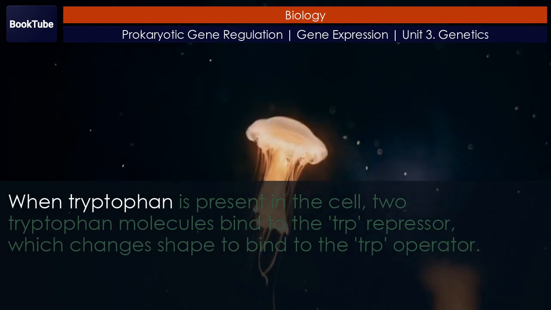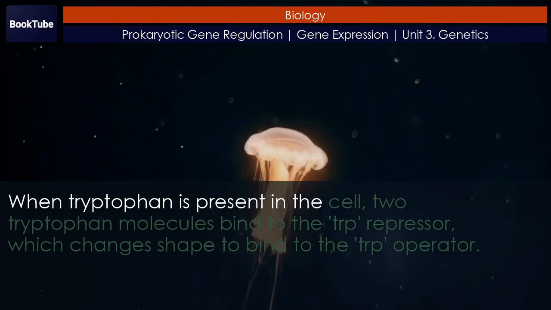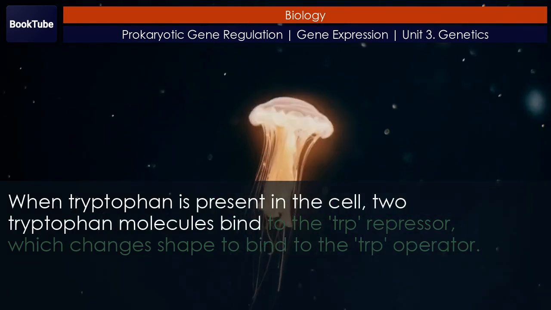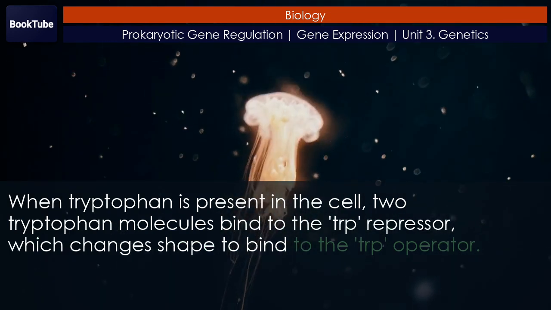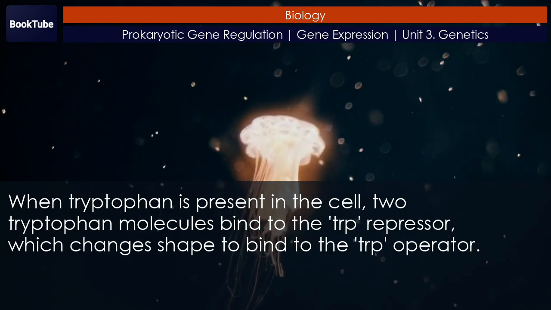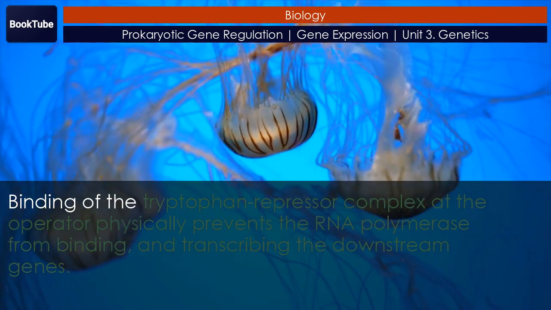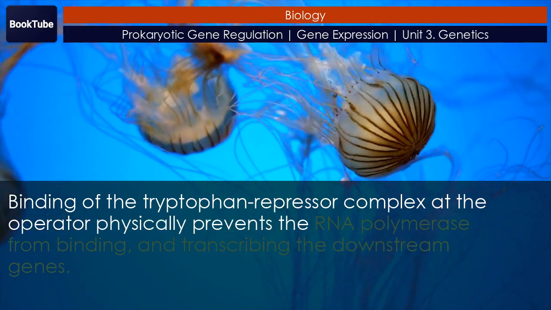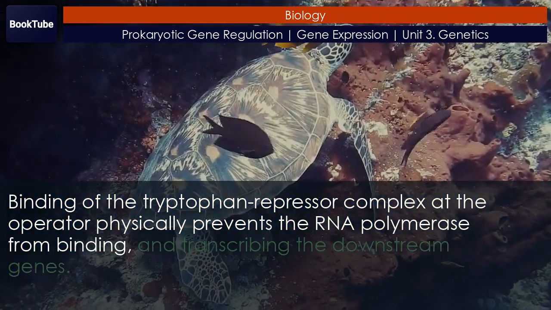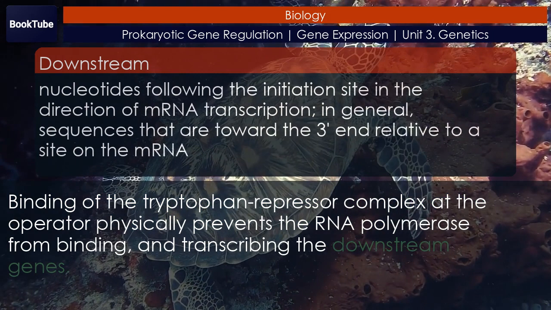When tryptophan is present in the cell, 2 tryptophan molecules bind to the TRP repressor, which changes shape to bind to the TRP operator. Binding of the tryptophan repressor complex at the operator physically prevents the RNA polymerase from binding and transcribing the downstream genes.